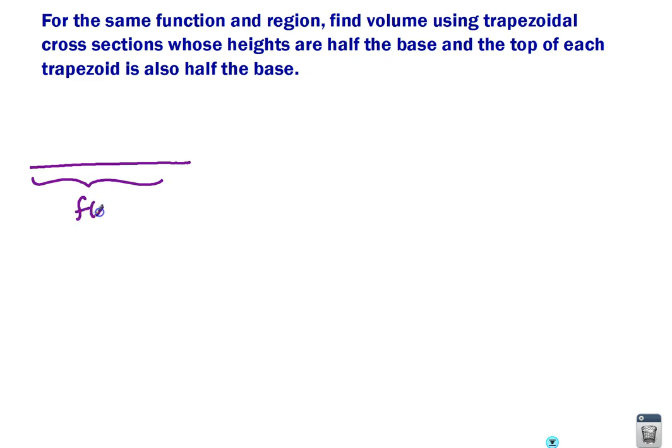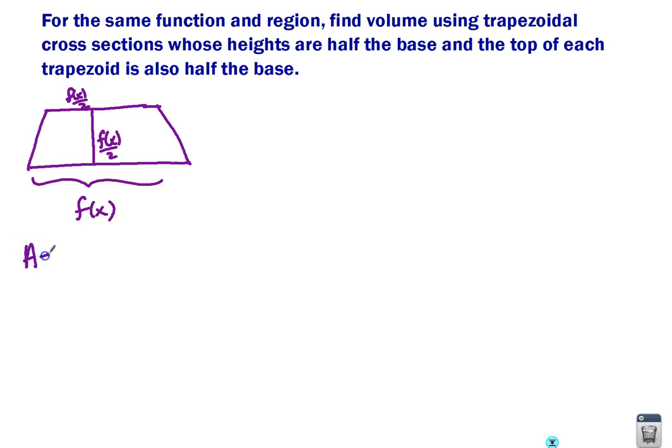So this is f of x. The height of my trapezoid is half the base, so that's f of x over 2. And then the top base, I can't draw it that well, but that is also f of x over 2. So that's a beautiful trapezoid, by the way. I'm so proud of myself.